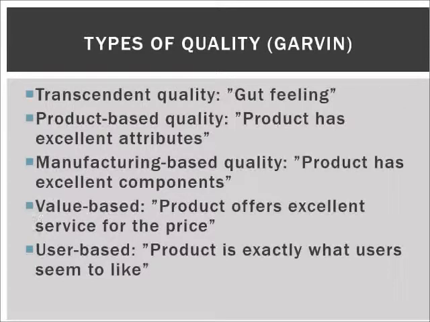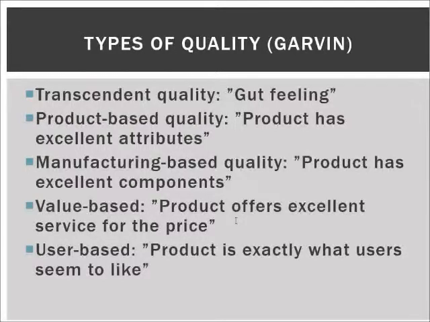Finally, what's interesting is the value-based quality. It more or less means that the product offers excellent service for the price or is an excellent product for the price, meaning that a cost-effect ratio is being considered. The value-based quality simply means that if you have 100 euros to spend on running shoes, then what's the best quality you can get for 100 euros?